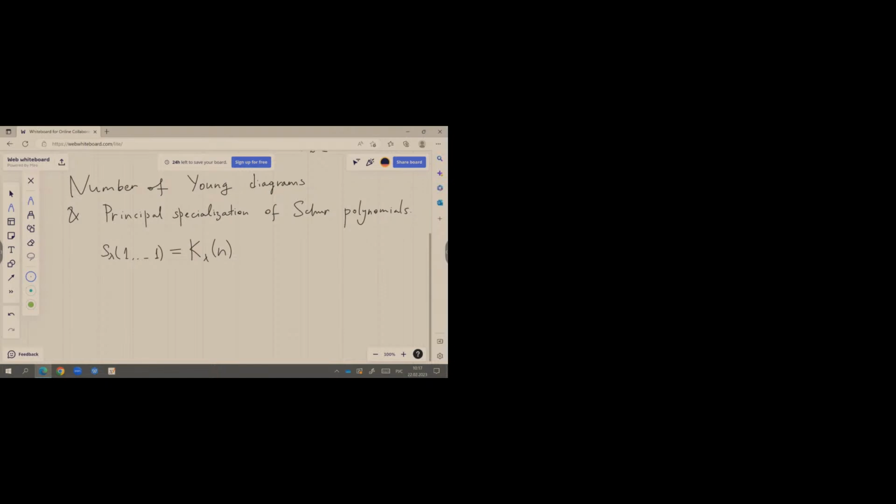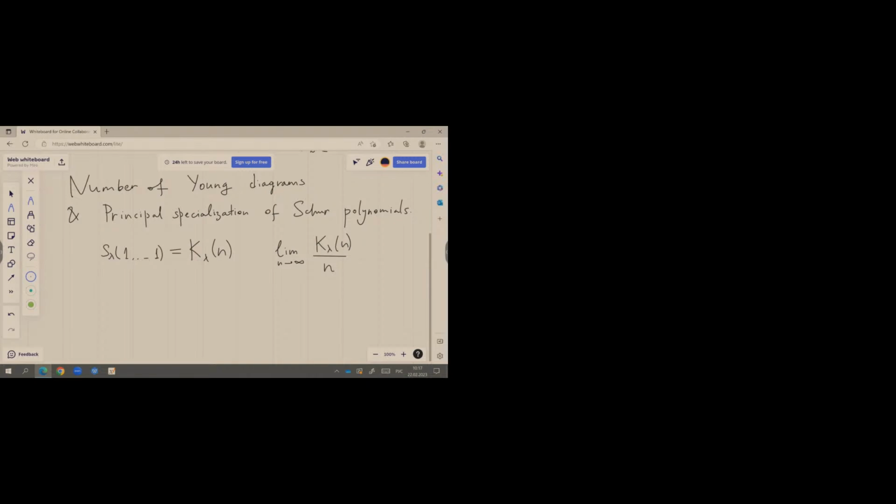Right. And what we did last time was we found an estimate for this function of n. So we evaluated its growth, like a limit.